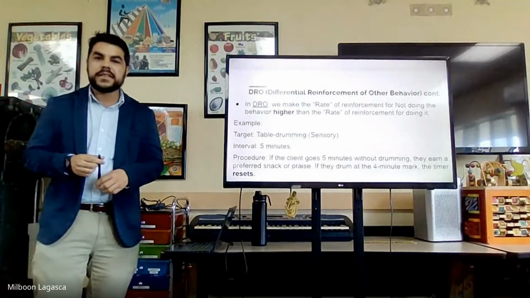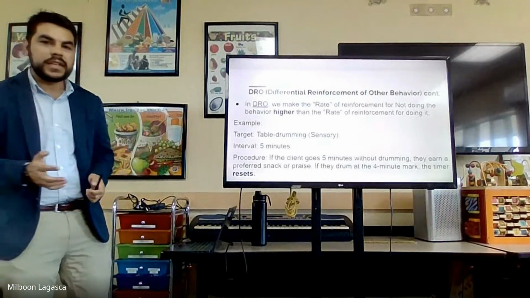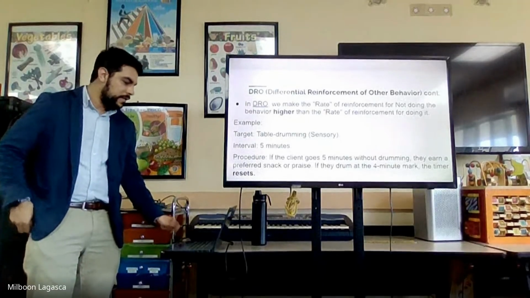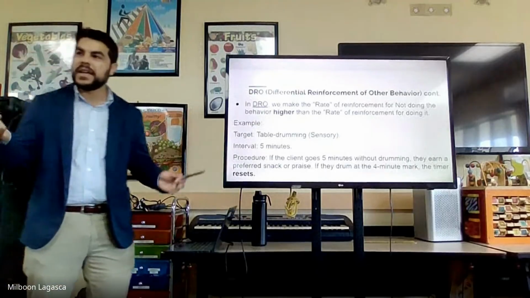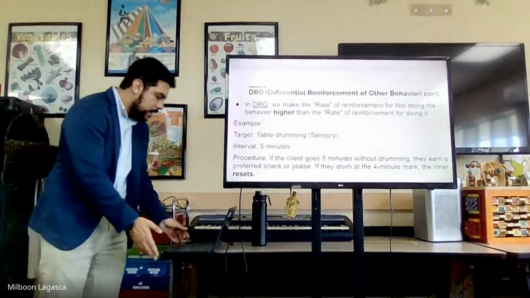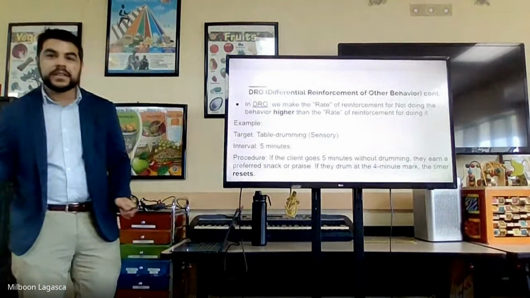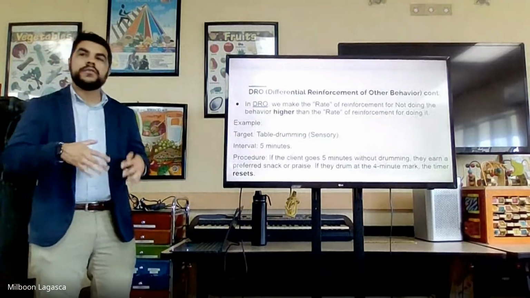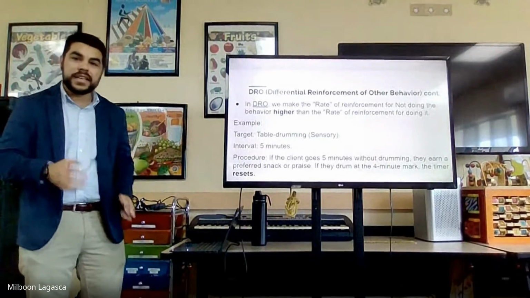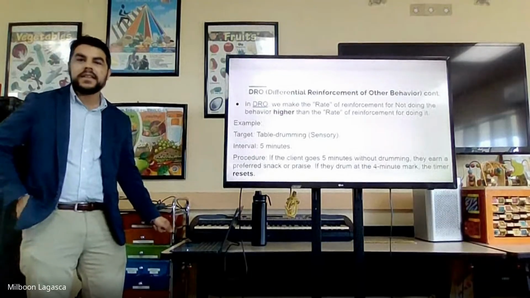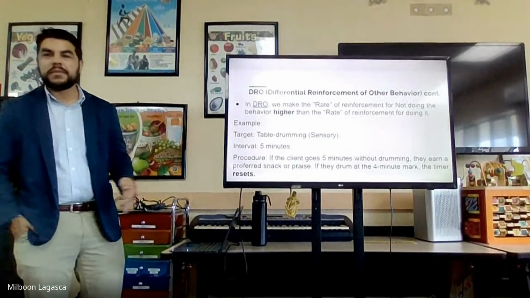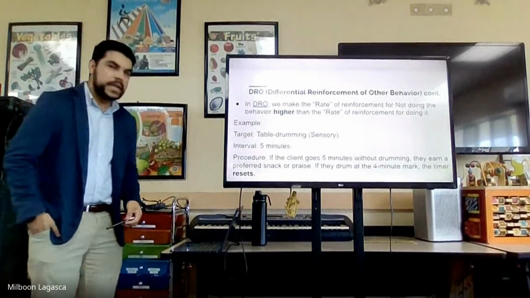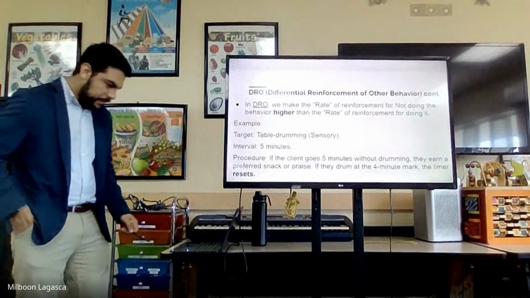So for instance, if you have an individual who does a lot of table drumming for sensory reasons, let's say it's automatically reinforced, and you want them to stop, you will then set a timer for 5 minutes, and if they don't engage in the drumming, then you would reinforce that with either praise, a token, an edible item, depending on what their reinforcers are.